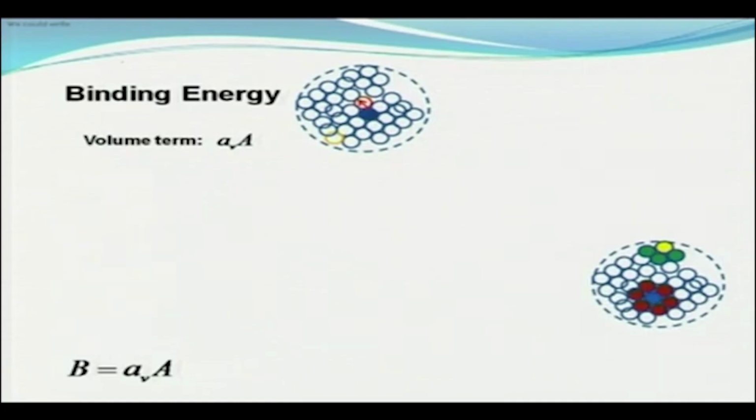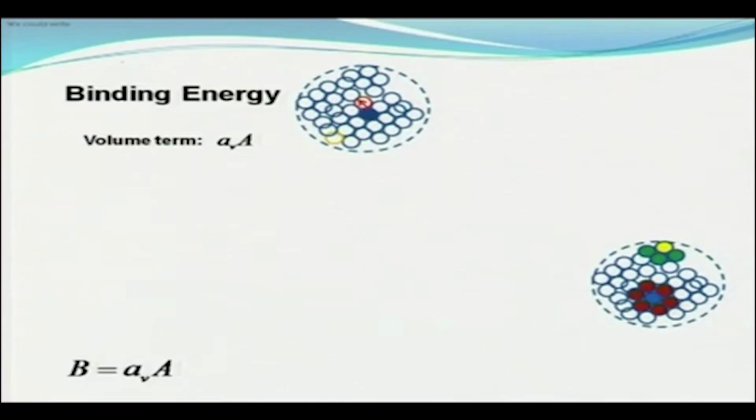But that is not the whole story. There are corrections to this that we have to consider. For example, one correction that we could think of is the following. Consider a nucleon in the interior; it will have a certain number of nearest neighbors, and it will interact with all those and give rise to binding energy.